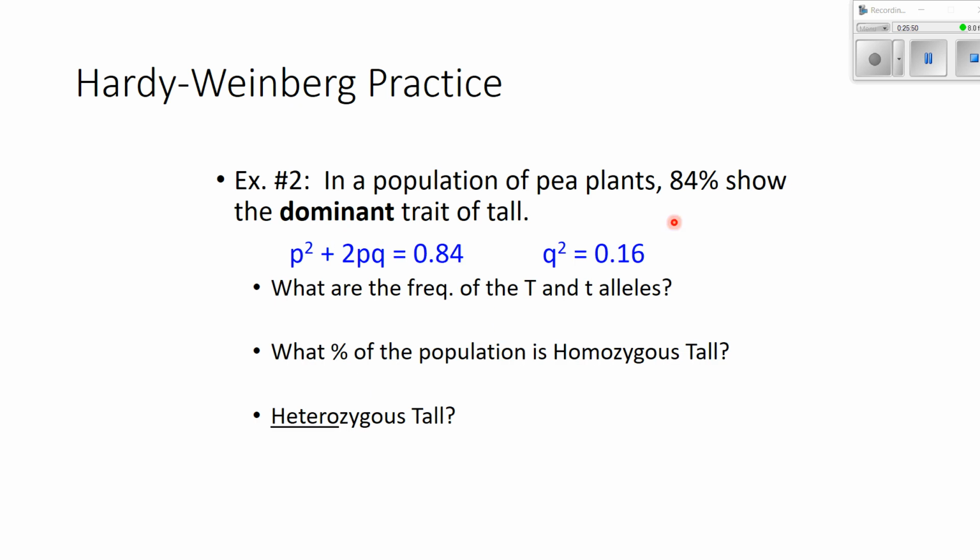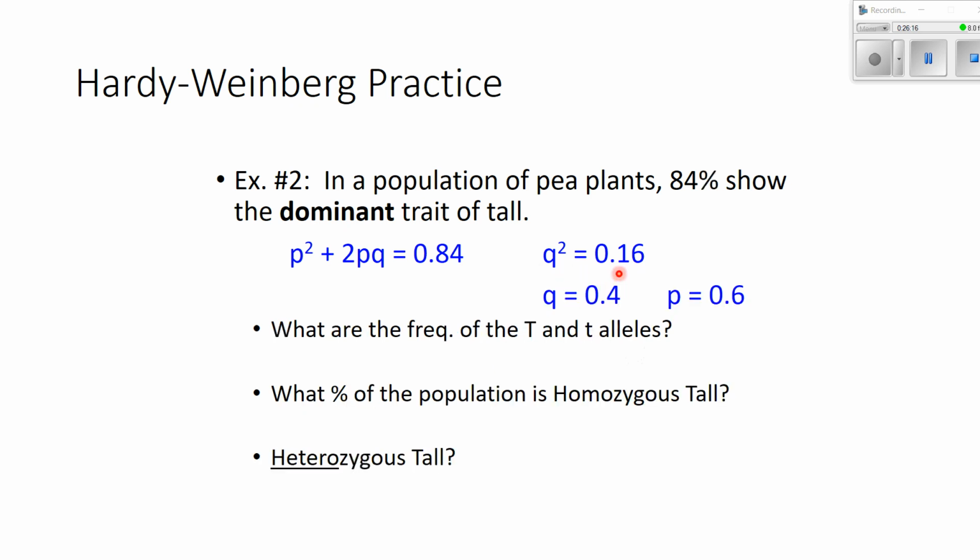So what does that mean? It means ignore the 84%, because we always want to try to solve for Q first. Remember what I said? It's safer to solve for Q, then you can worry about P. So if 84% show the dominant trait, that means 16% show the recessive trait. That's Q squared. So if I want to find P and Q, I'm just going to take the square root of 0.16, which is 0.4.